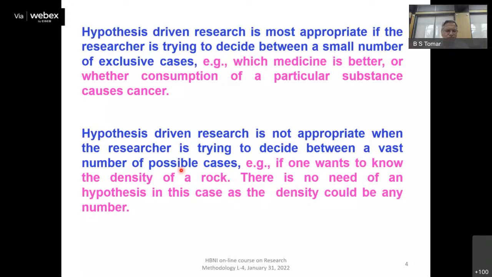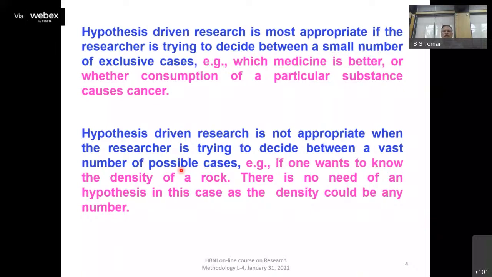So you cannot say the density of this rock is 2.00, because you have multiple options. There is no point making a hypothesis about a quantity that you are going to measure, when you have a large number of options. So there is no need of a hypothesis in this case, as the density could be any number.